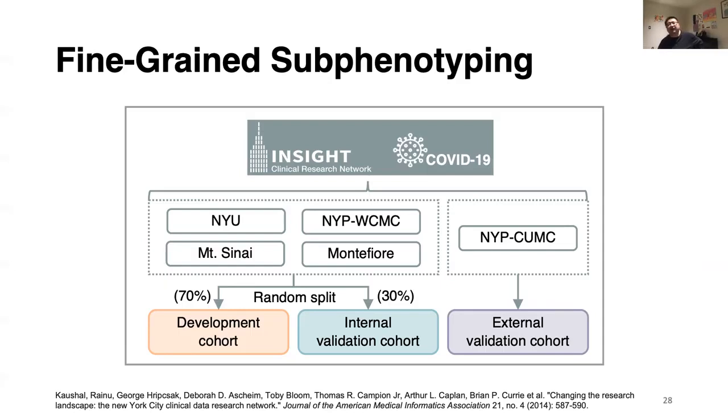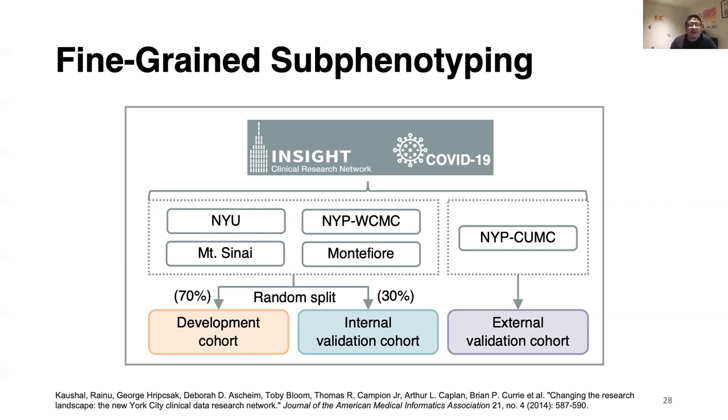In this data, they have a COVID data lake, and it includes 5 different institutions, including NYU, New York Presbyterian Hospital, Weill Cornell Medical Center, Mount Sinai Hospital, Montefiore, and also New York Presbyterian Hospital, Columbia Medical Center.